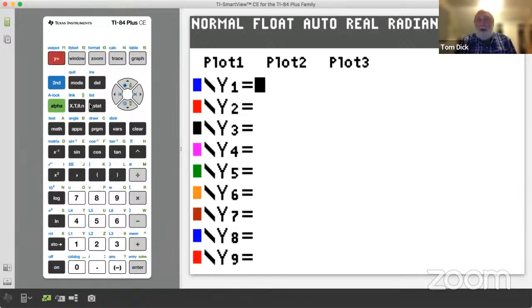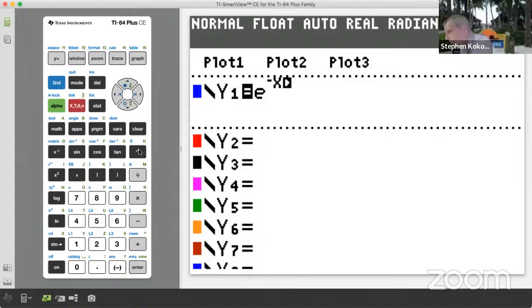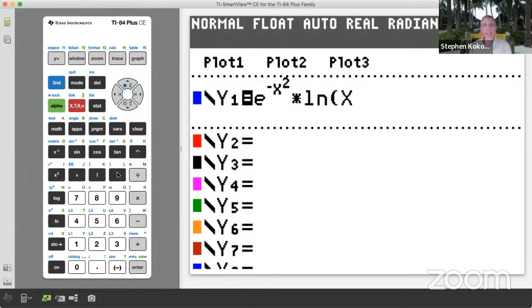So I'm going to go to my y equals menu, and first of all, I'll just put in the original function that Steve had, which was, I think, e to the negative x squared times natural log of x. Interesting function.